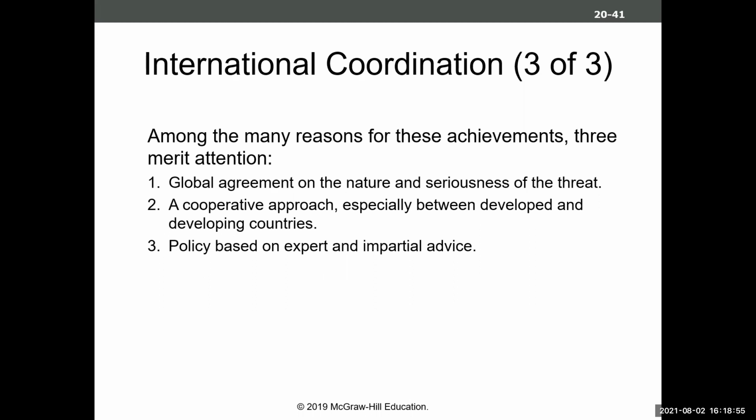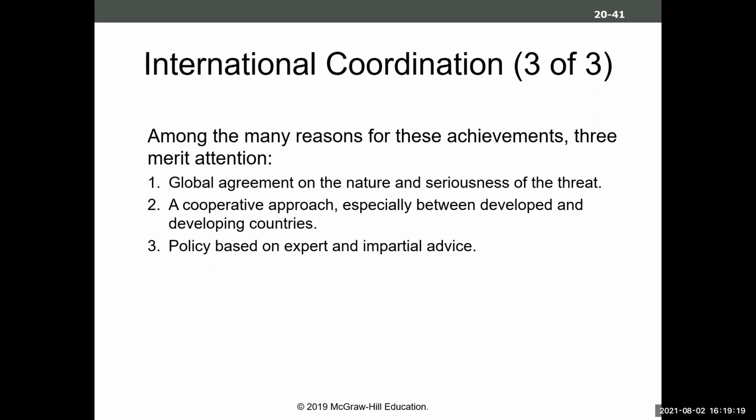With the achievements that we've obtained internationally, three are pretty big achievements that should be brought to attention. So first is the global agreement on the nature and seriousness of the threat. So that's kind of the big thing you want to first start out with.